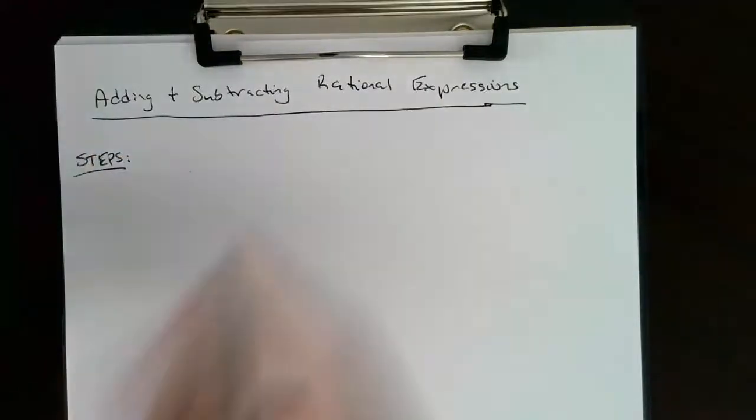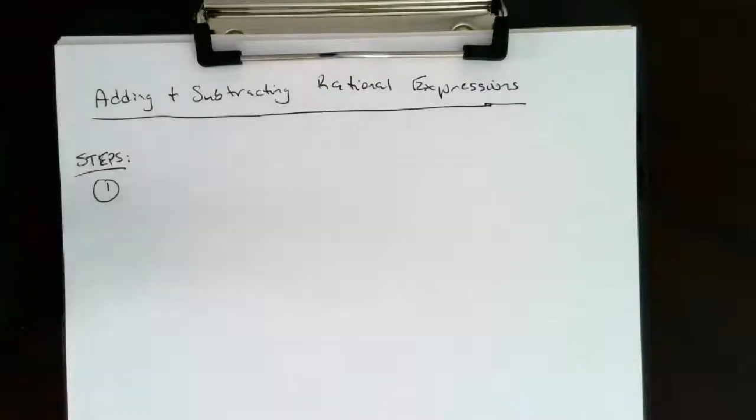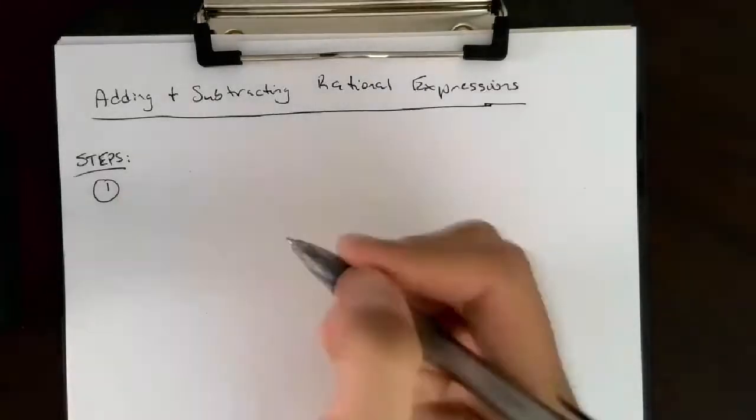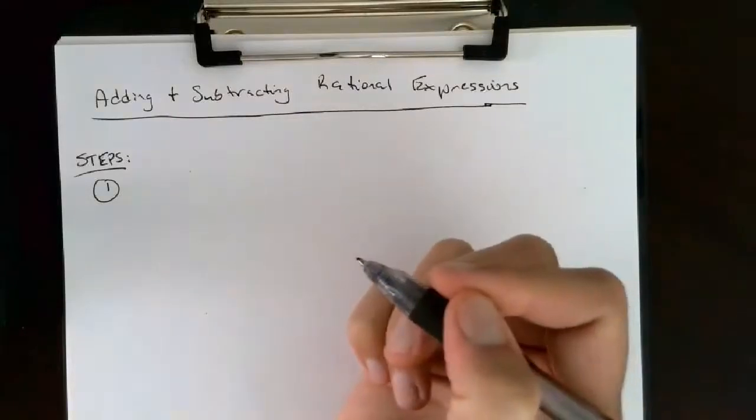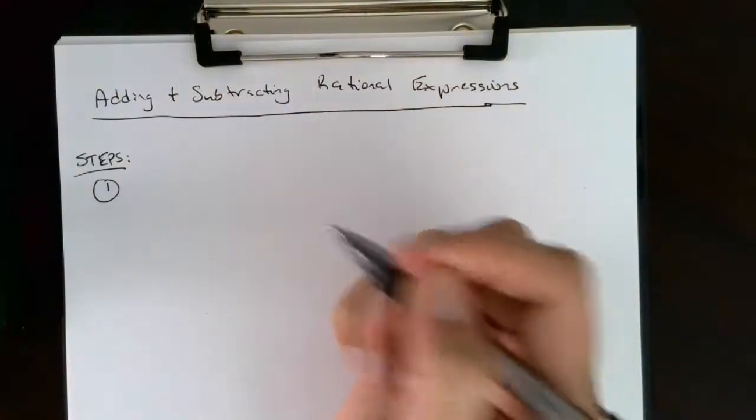So for our steps, when I say adding or subtracting rational expressions, remember rational expressions are fractions. They have polynomial numerators and denominators. So the first thing you want to do, when you add or subtract fractions, is the first thing you always need is a least common denominator, an LCD.